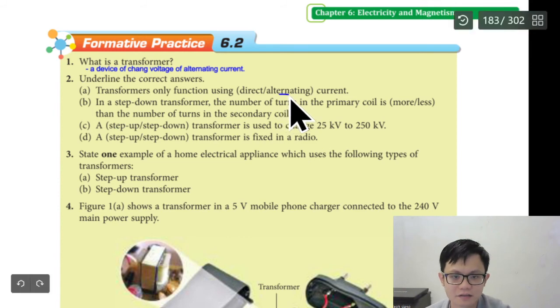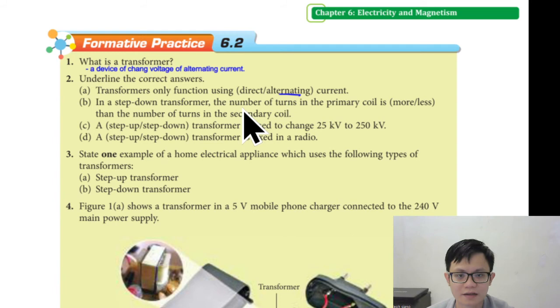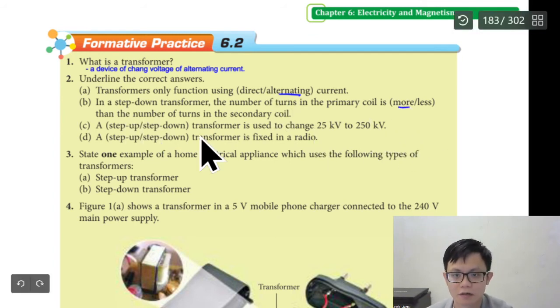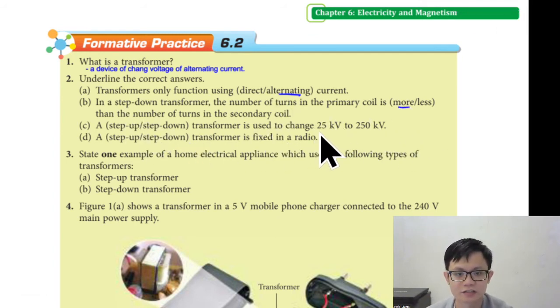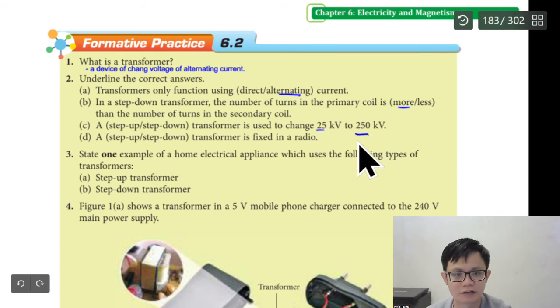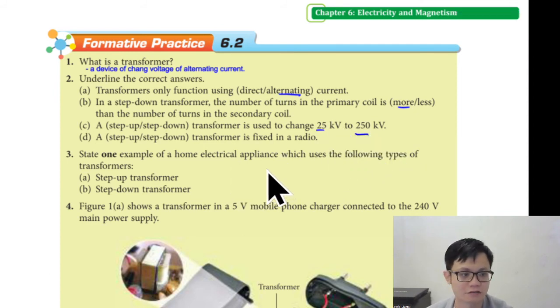Only change alternating current. In a step-down transformer, the number of turns of the primary is more or less than the secondary? In a step-down transformer, we know that it is more. Something is used to change 25 to 250, make it higher. So step up or step down? Okay, step up transformer, very good.